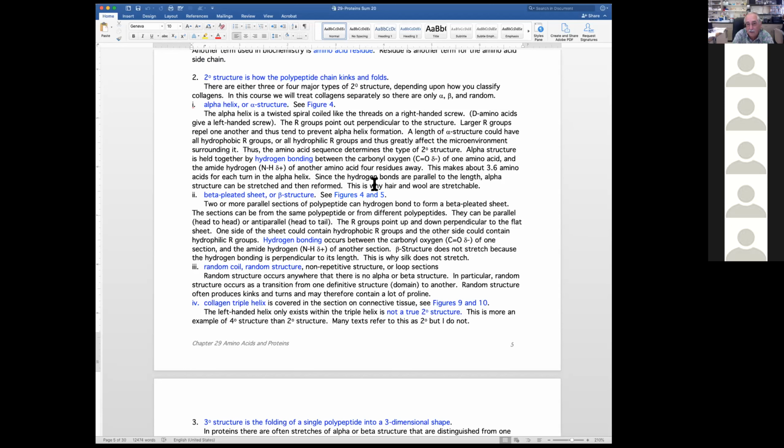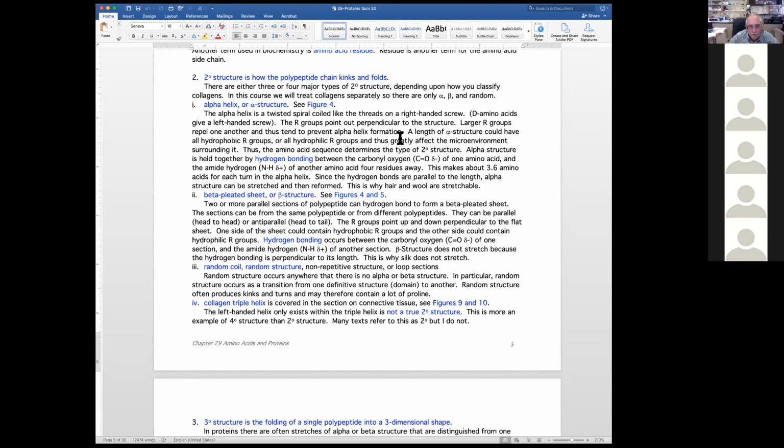And what they found out is that, yeah, it still promoted alpha helix, but it gave a left-handed screw. So the reason that the alpha helix is a right-handed screw is simply because all the amino acids are L.